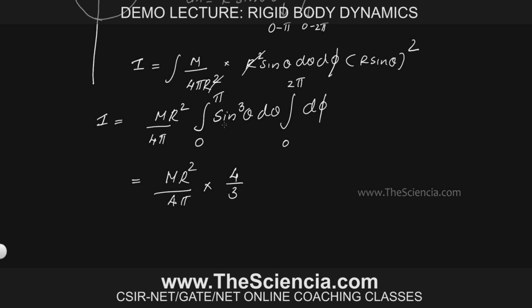So you just remember this value of the integral of sine cube theta d theta, that is 4 by 3, into integral d phi, that is phi, and after substituting the limits we get 2 pi. So here we can cancel the pi and the remaining 4, and what we get is 2 by 3 m r square.